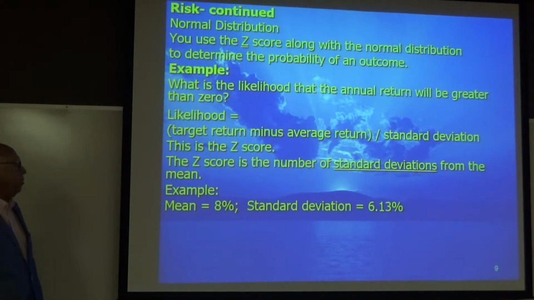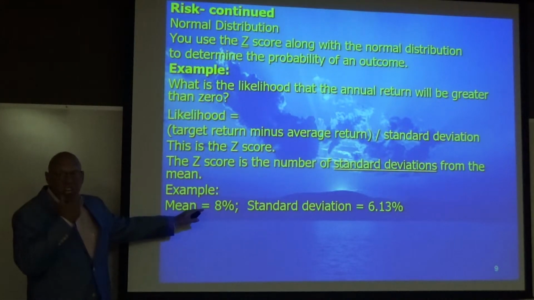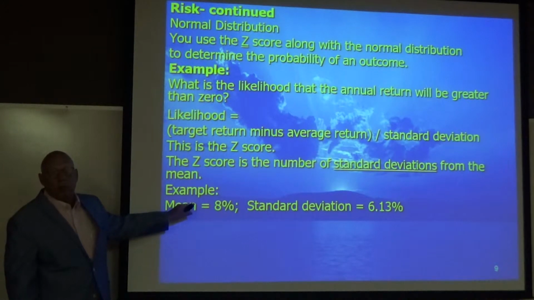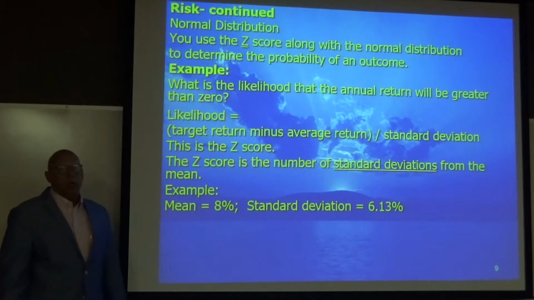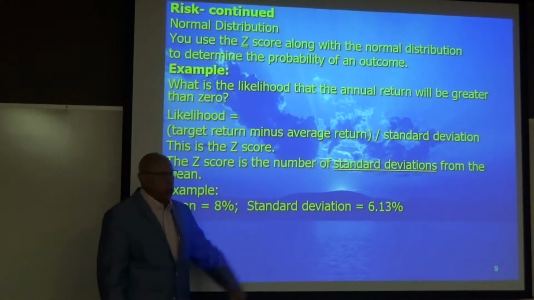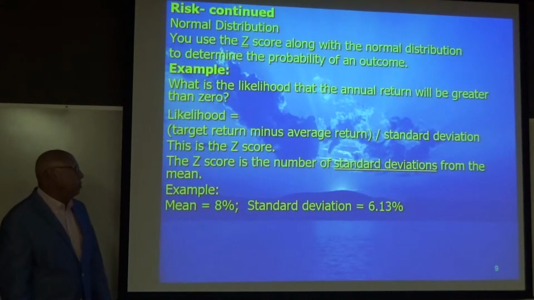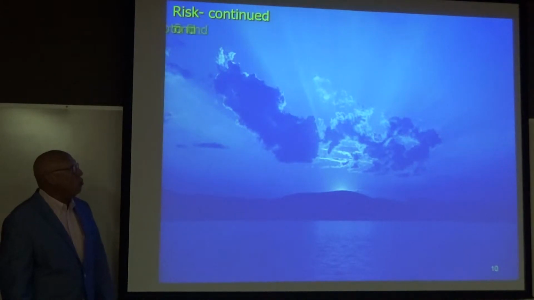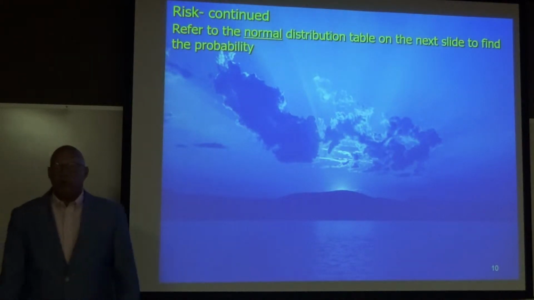Here's our example. We calculated the mean return in our previous example to be 8% and the standard deviation to be 6%. Let's put that together along with our target rate of return of 0%.